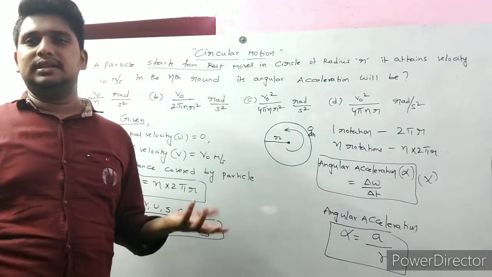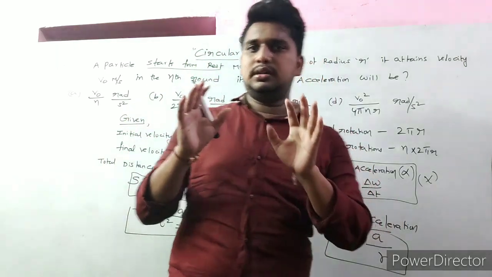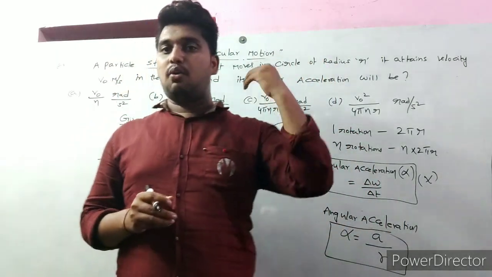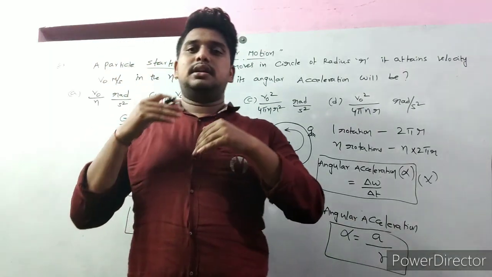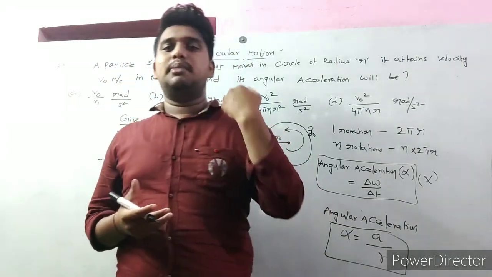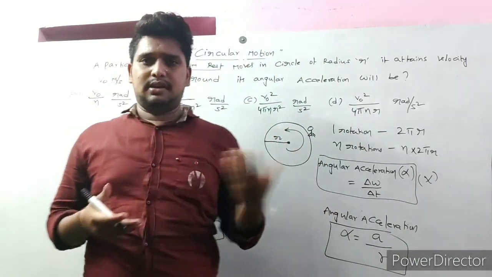A simple trick: for any question, just observe the given parameters and what we need to find. That is very important. Once you have an idea about what we need to find, list out the formulas.